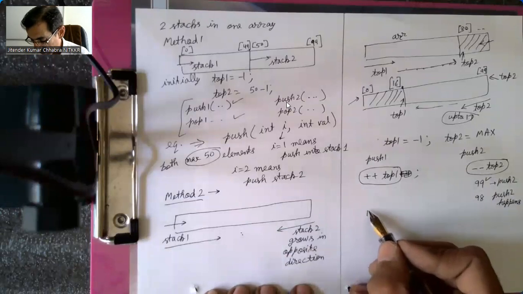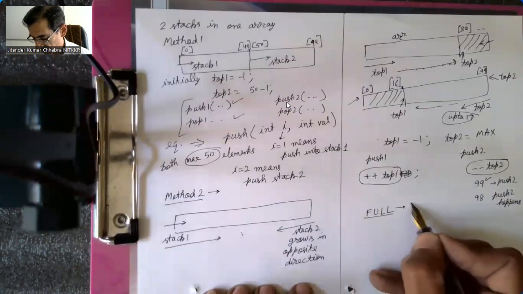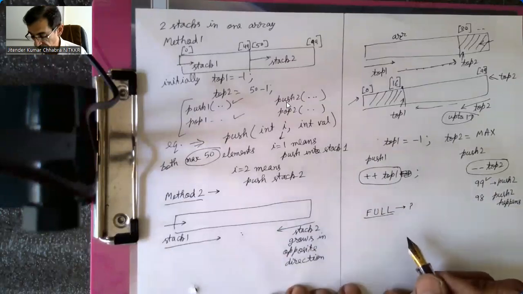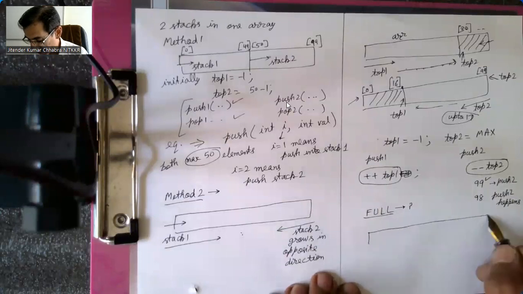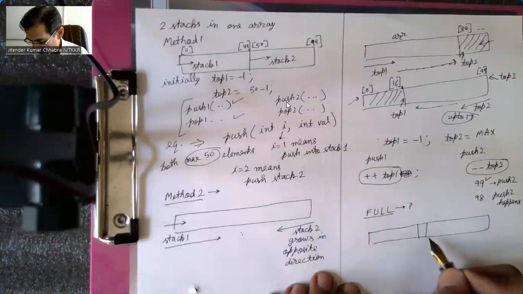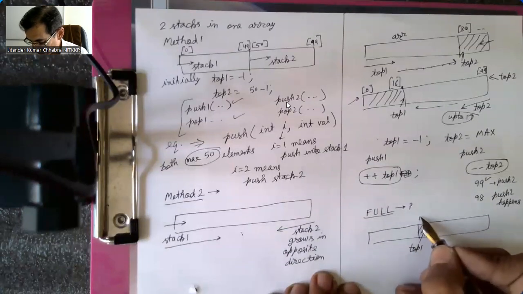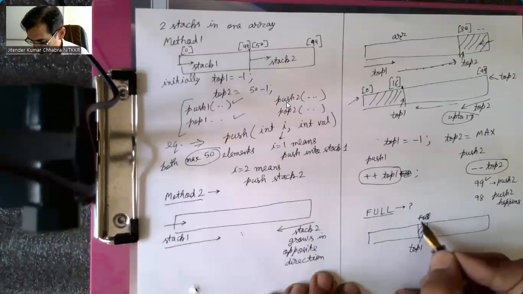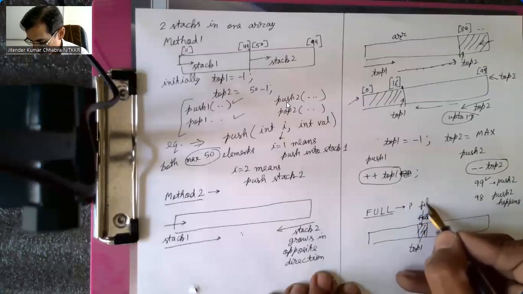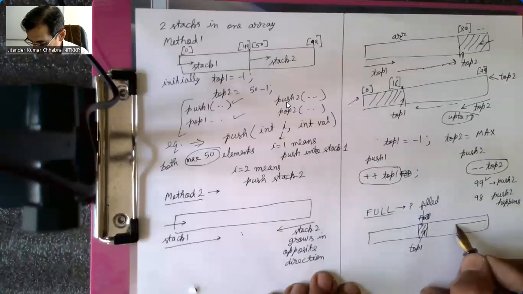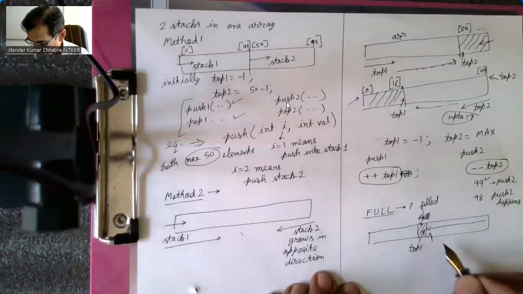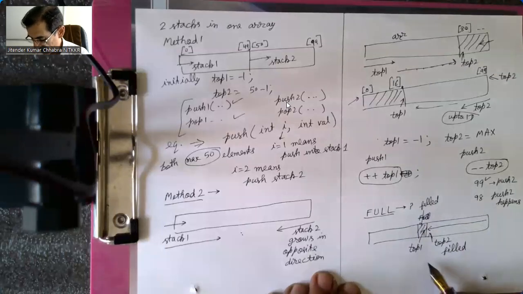And the empty condition, obviously I can easily define. The full condition, I have to think. It's no more the fixed boundary. I will say fullness will happen when? Say at some point, if your top 1 is here, it means this location is already full. This is filled, not empty. So while coming from the other side, if top 2 also reaches here, then I can say it is full.